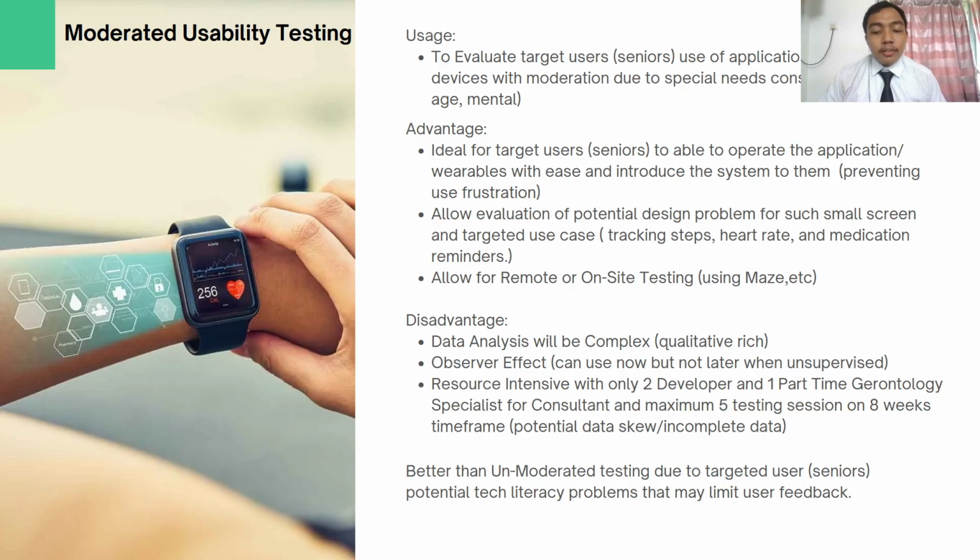Due to the data that is taken, which is qualitatively rich and quantitatively rich for error and time, we as the developers might improve our apps with that data for specific senior use, because they usually have low tech literacy and thus need special consideration for usage.